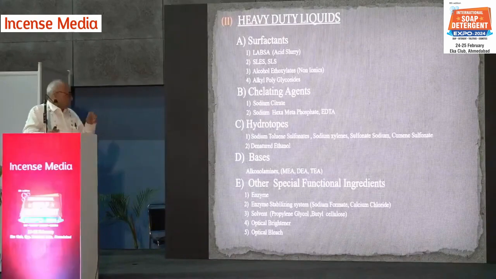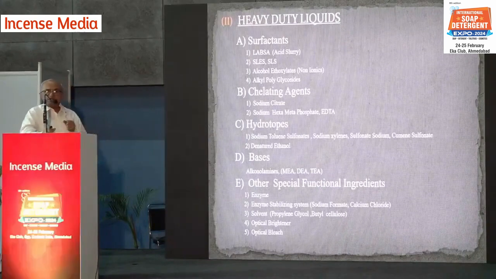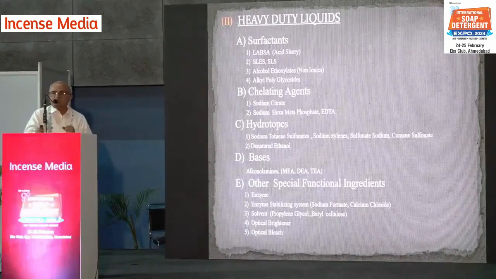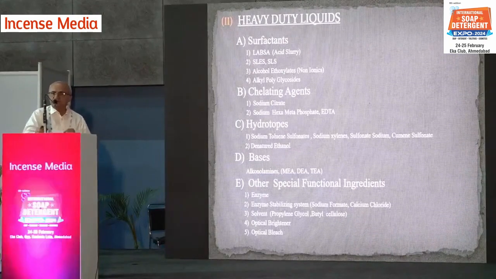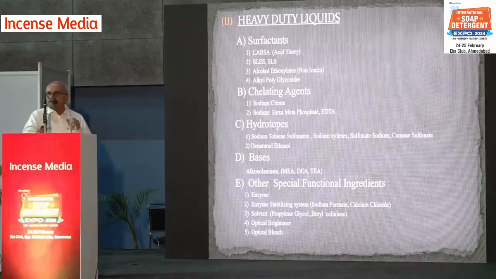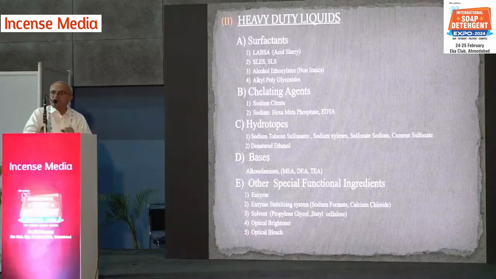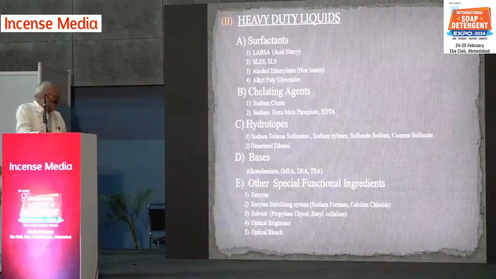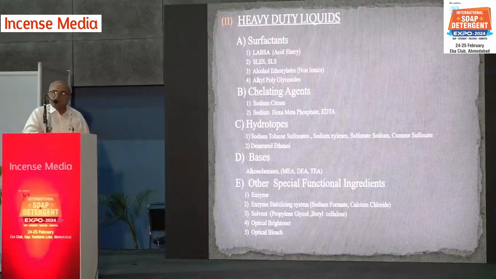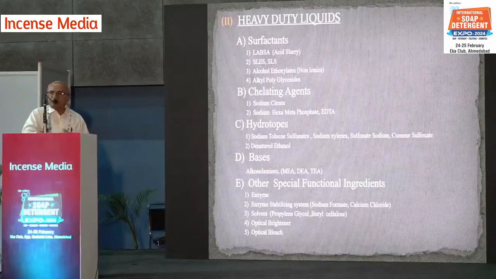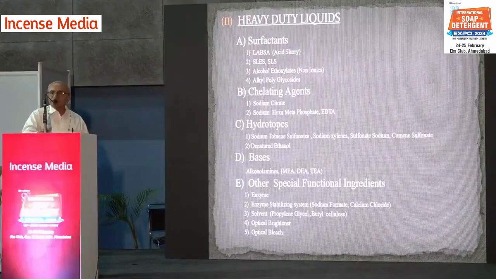Then, as we cannot include a bleaching agent like sodium perborate or sodium percarbonate in liquid detergent, to compensate for that efficacy and increase the detergency, we have to add enzyme. Enzyme works as a stain remover, and moreover enzyme aids in detergency also.